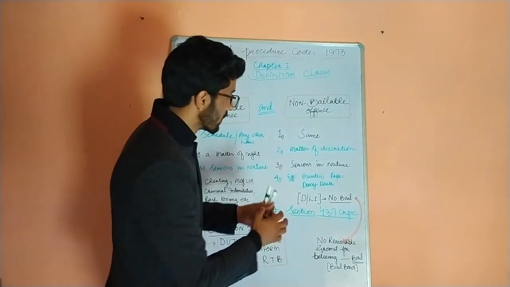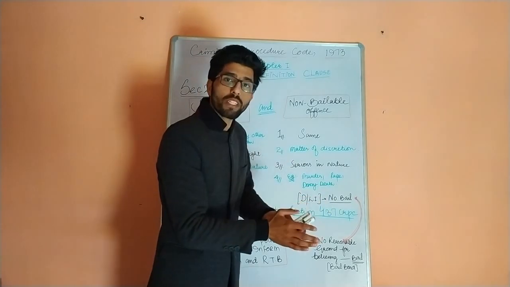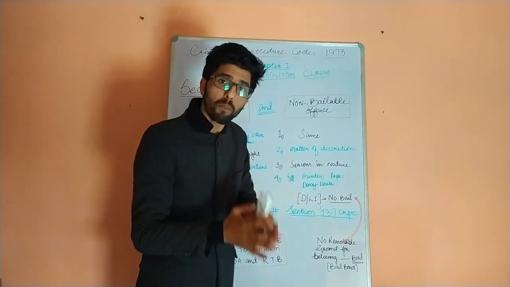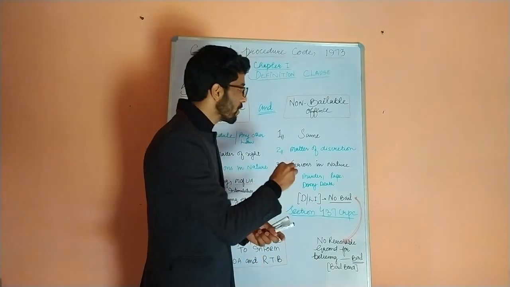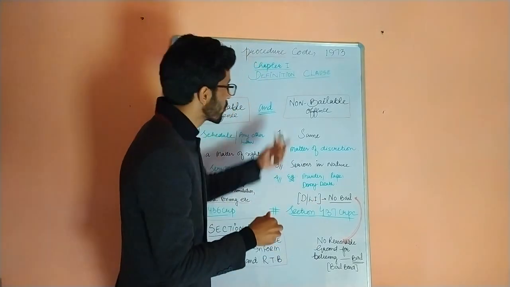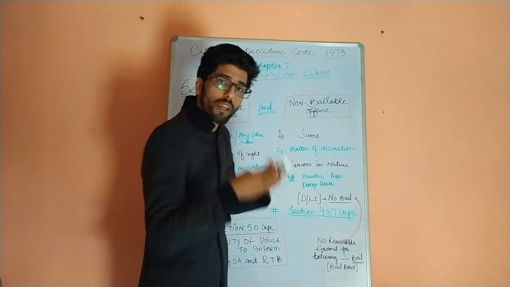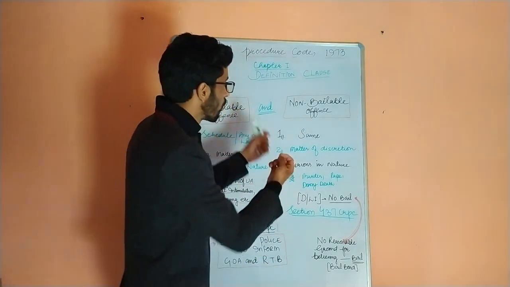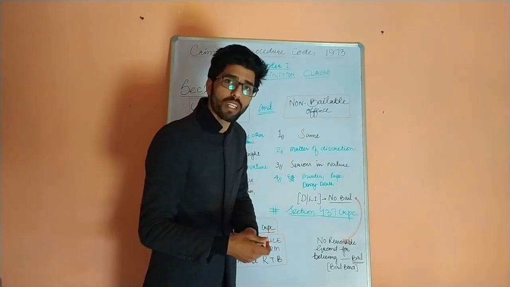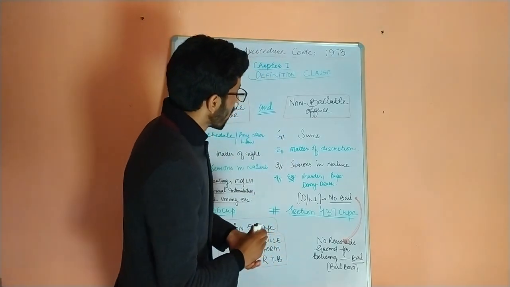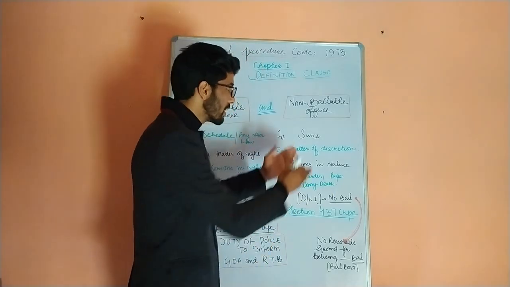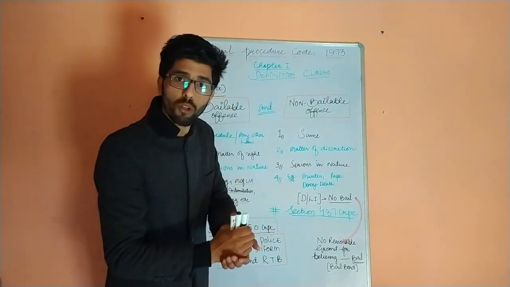Fine. If you are involved in a non-bailable offense, you cannot get bail as a matter of right. Rather, you have to move an application before the court containing certain grounds on which you want bail in a non-bailable offense. You have to satisfy the court with regard to certain points, then only you can get bail in non-bailable offenses.